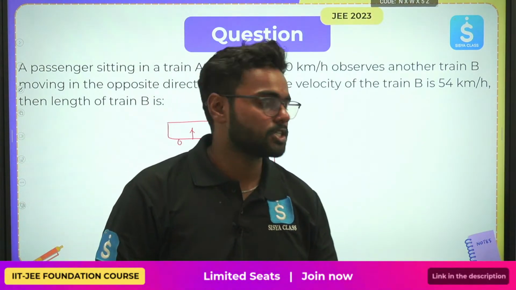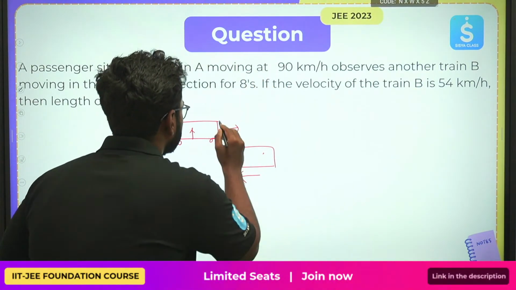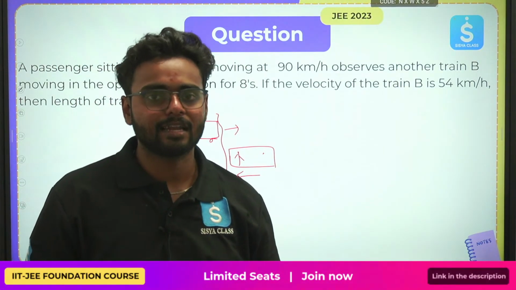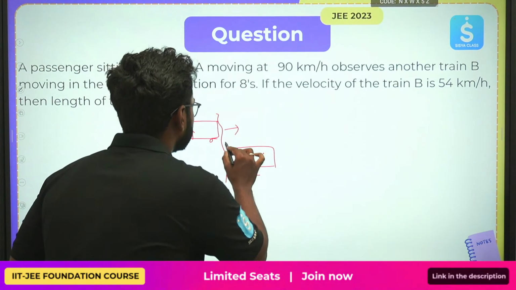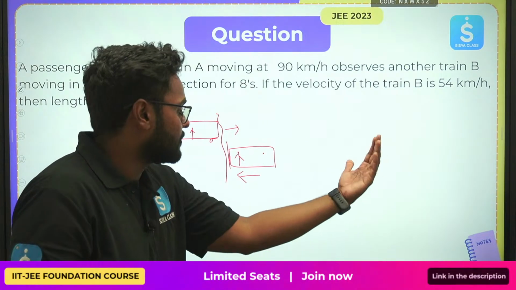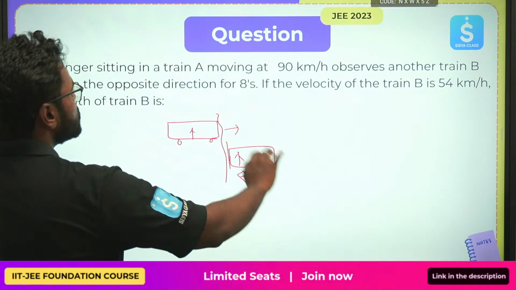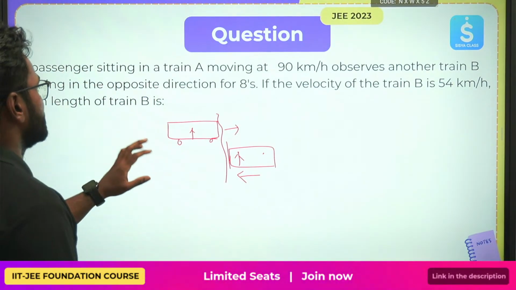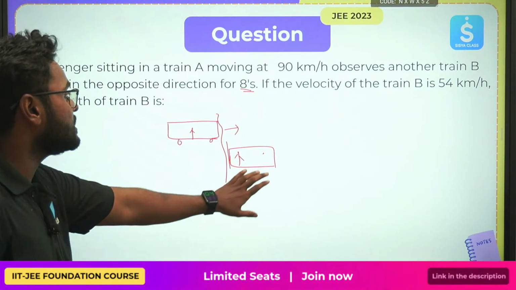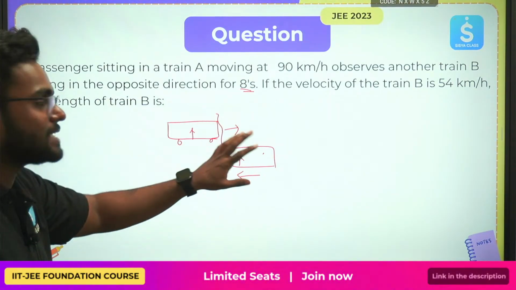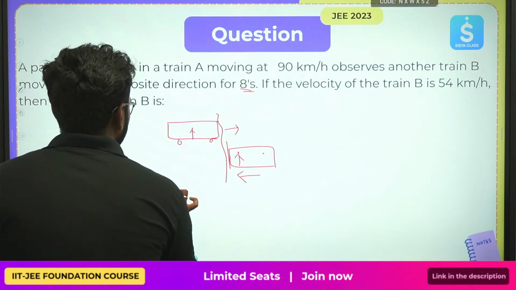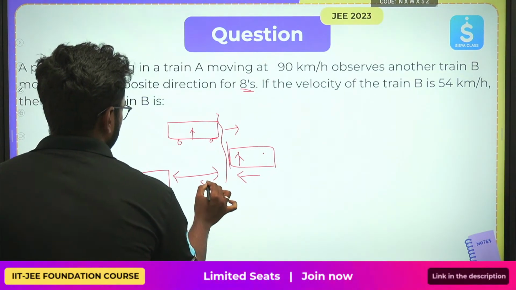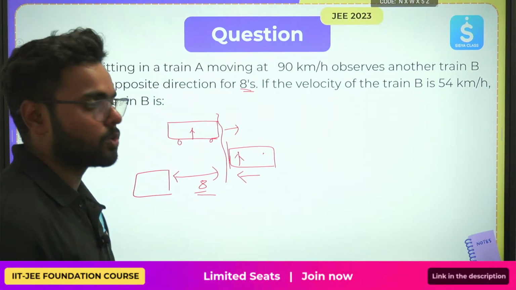It's this type of question where he sees the opposite train from the starting point, and it took 8 seconds for the train to completely pass him. Okay, this is the question, right?